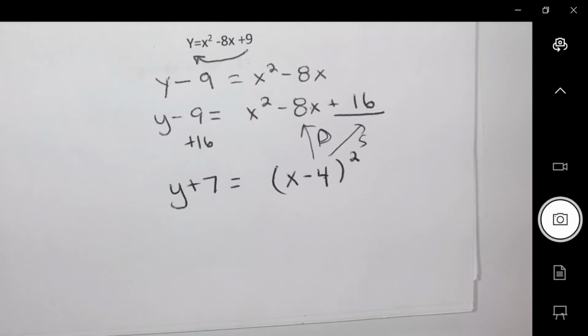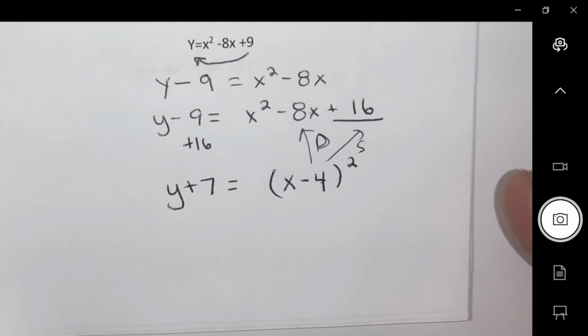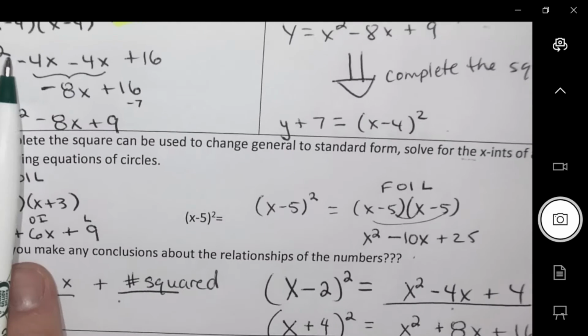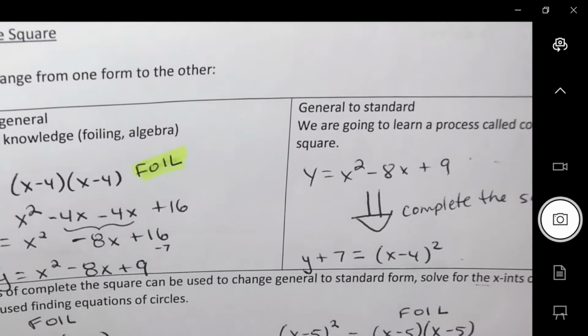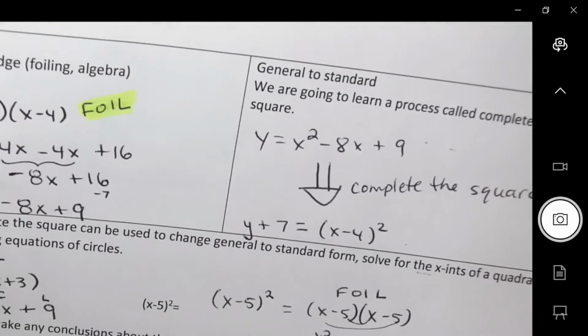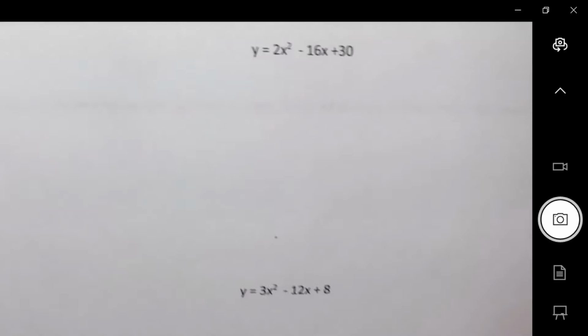That's what that number is doing. Look at that, we did it. That was our original. Up here, that was our original one, and then we turned it to that. Now we've turned it back. Okay, so let's try another one.